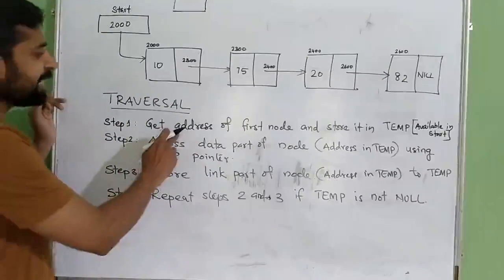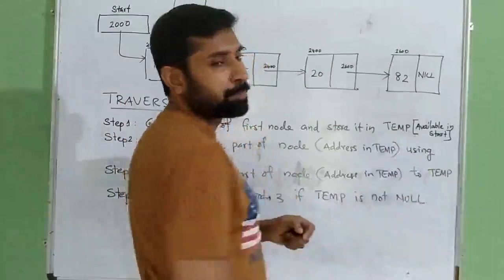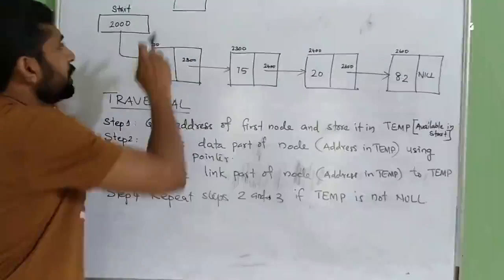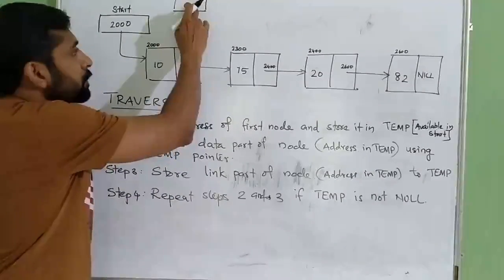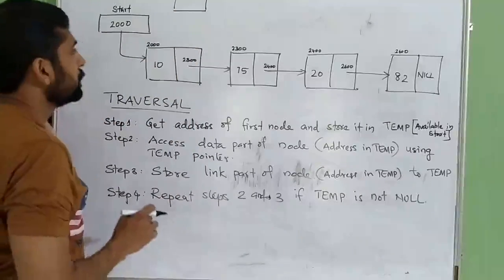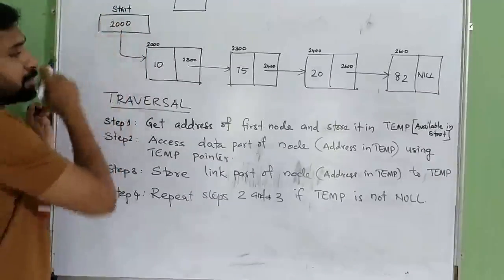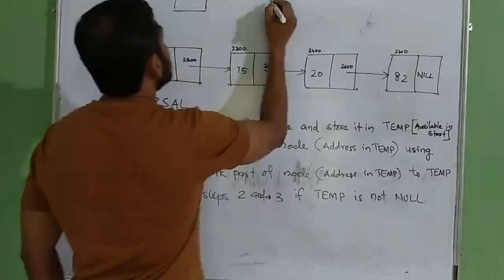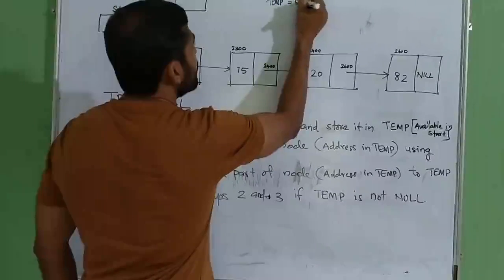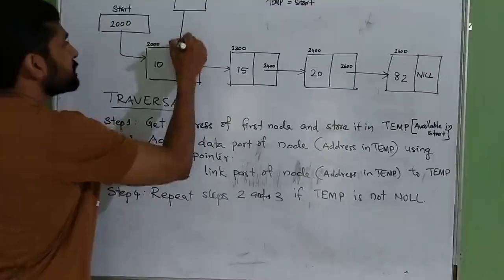See, get the address of the first node and store it in temp. So here we have the pointer temp. We are supposed to store the address of the first node in temp. Here the address is stored in start. So we can write a statement like this: temp equal to start, which means temp points to this node.